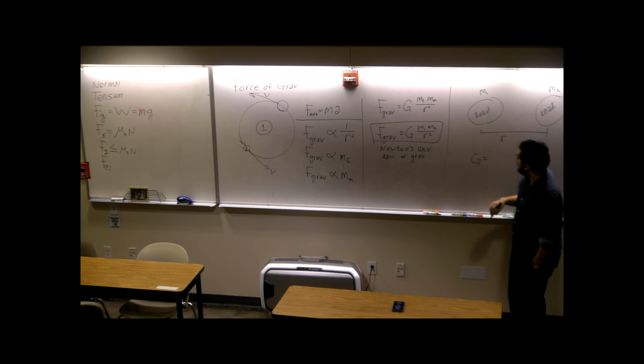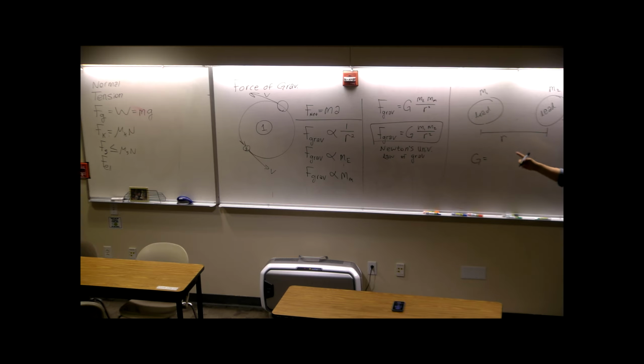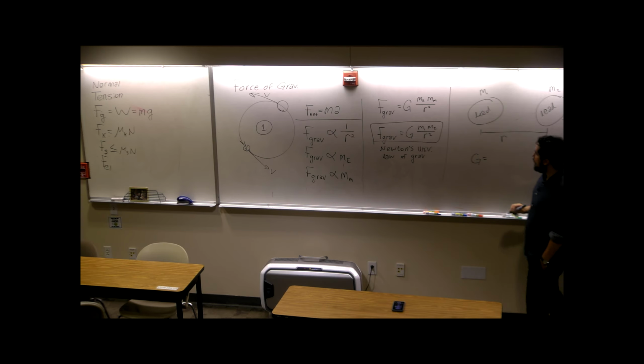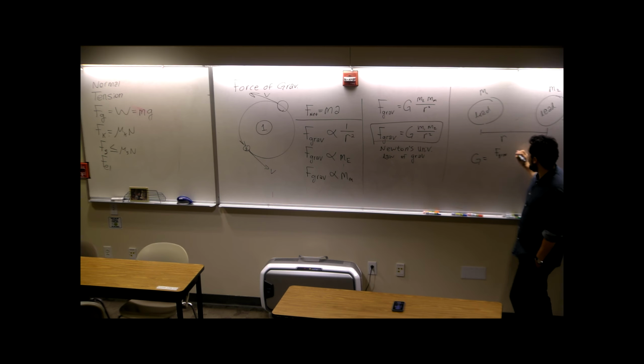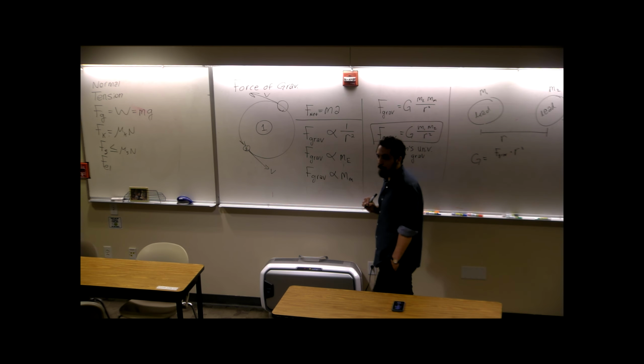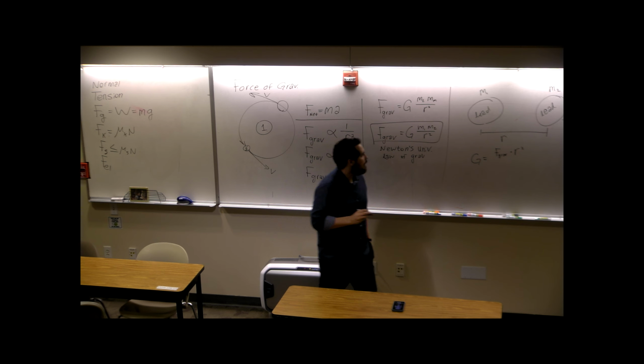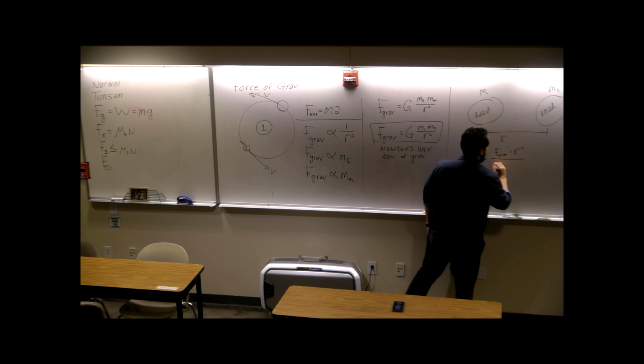He said, well, if I know the force, and I know the masses, and I know the radius, then the gravitational constant that Newton predicted would be the force of gravity multiplied by the distance between the centers of the objects squared, and divided by the mass of object 1 times the mass of object 2.